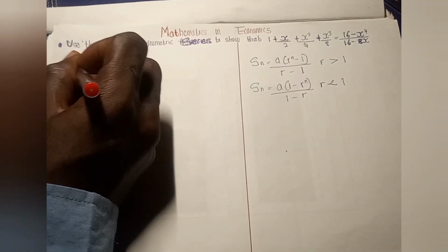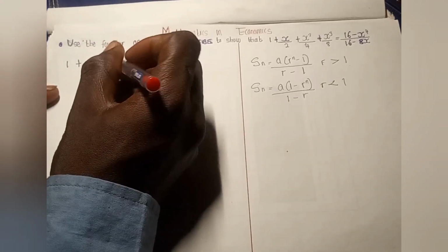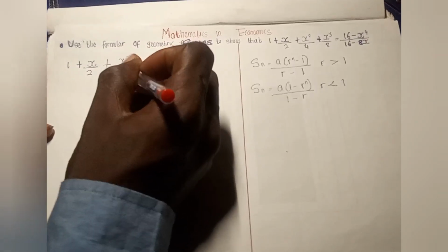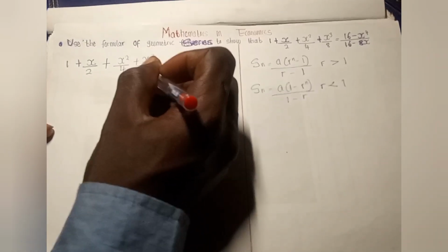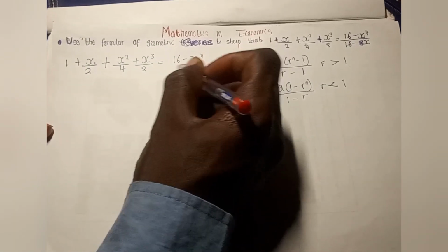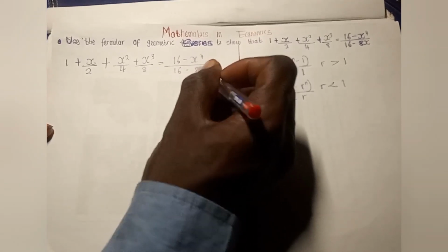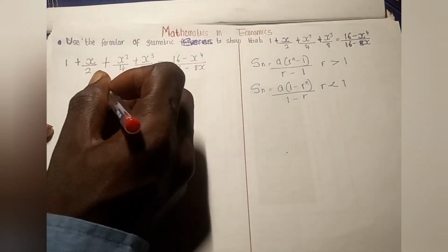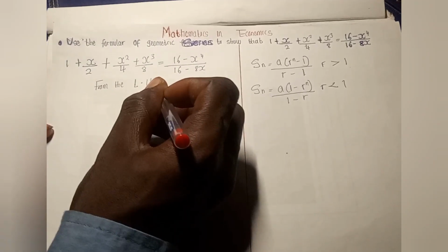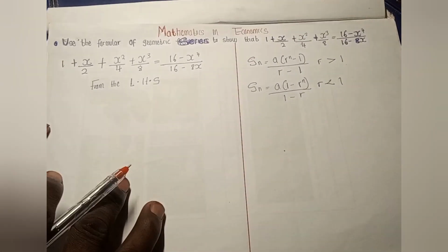So let us quickly get our r. But please let me quickly write out this expression so that I won't need to go back to this slide again. 1 plus x over 2 plus x squared over 4 plus, and so on, equals 16 minus x to the power 4 over 16 minus 8x.